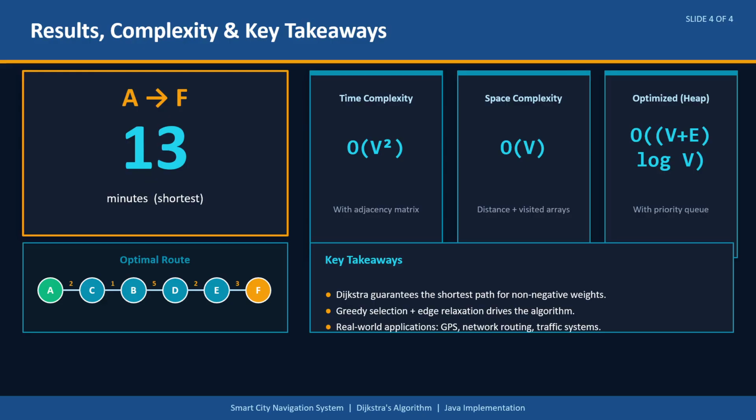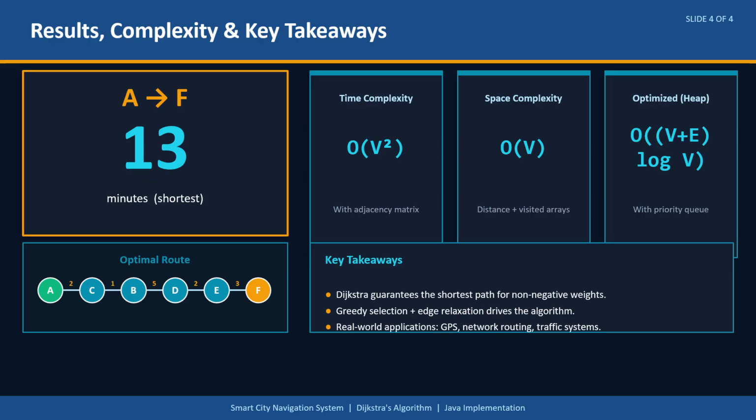The big takeaway is, one, Dijkstra guarantees the shortest path, but only when all edge weights are non-negative, and the core idea is greedy selection combined with edge relaxation, right?